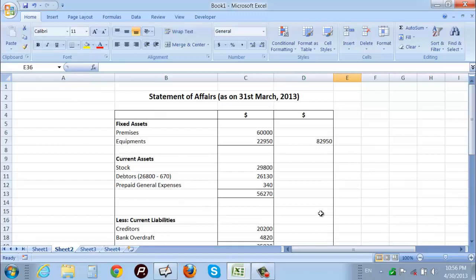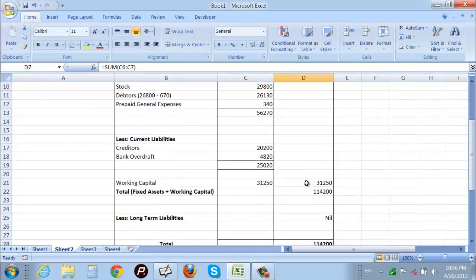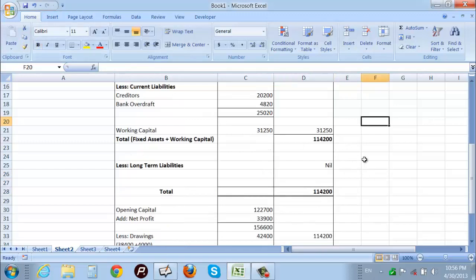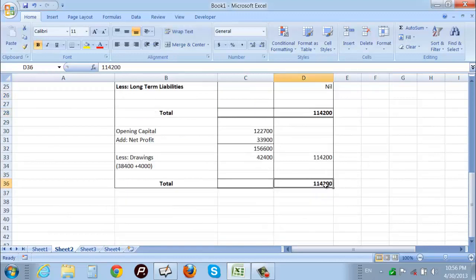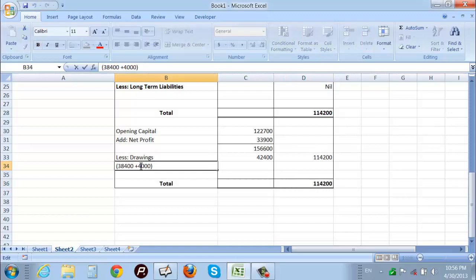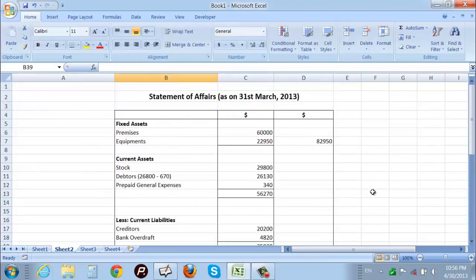So this is our closing statement of affairs. Fixed assets, then we computed working capital, and the total of fixed assets and working capital is 1,14,200, and this is the total of first part, and total of second part is also 1,14,200. I hope that you understood this question and the procedure how to solve the question.